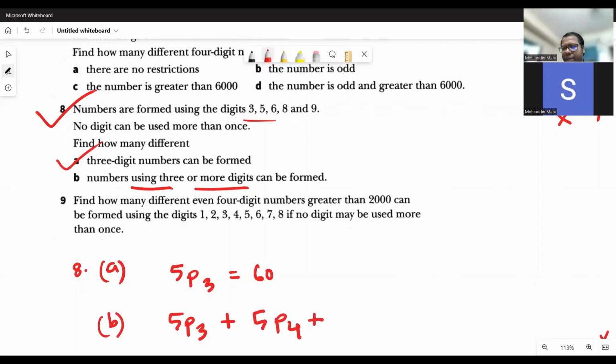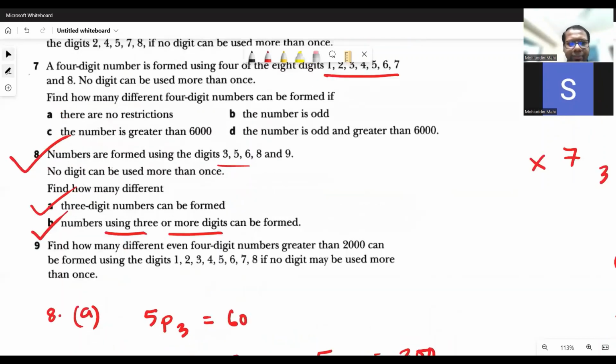If you want to make numbers having 5 digits, you can do it in 5P5 ways. If you add them, the answer is going to be 300. The question was numbers using 3 or more digits can be formed. So that means they're asking how many numbers you can have if you form a 3-digit number, 4-digit number, and 5-digit number.